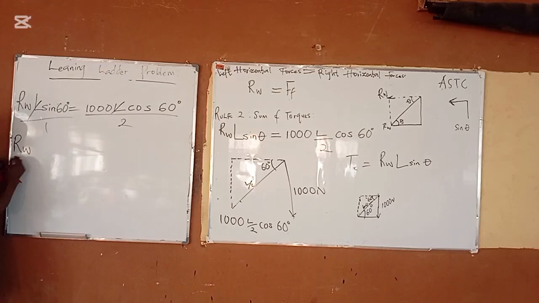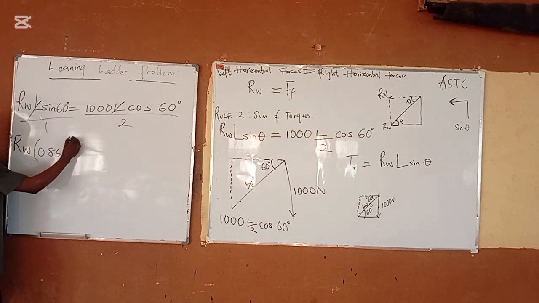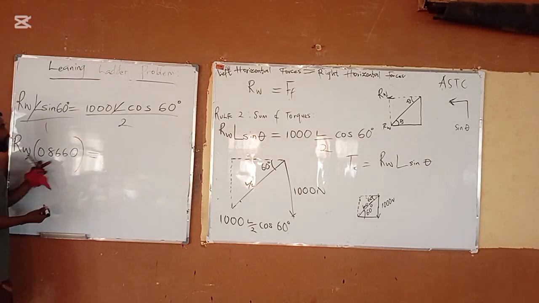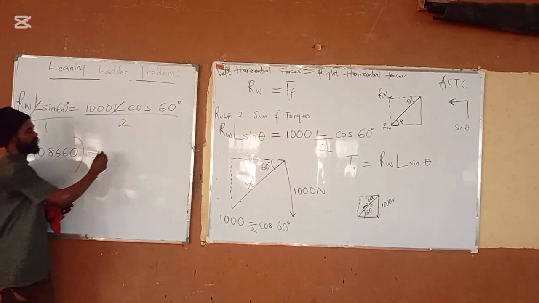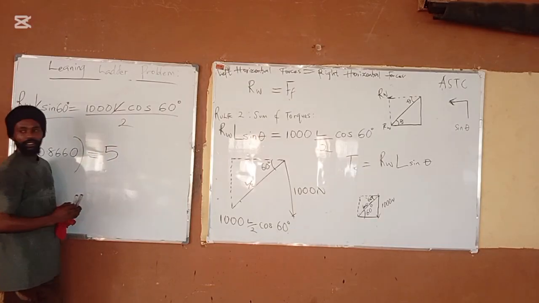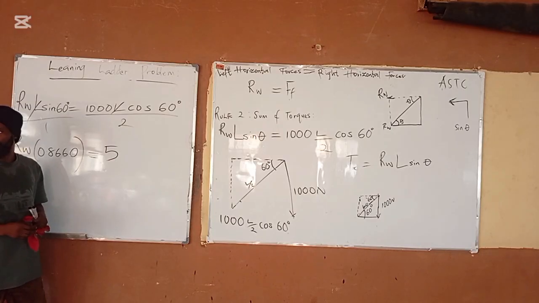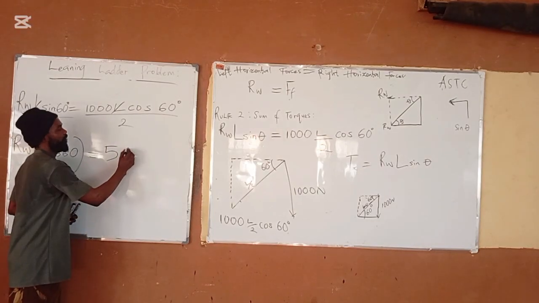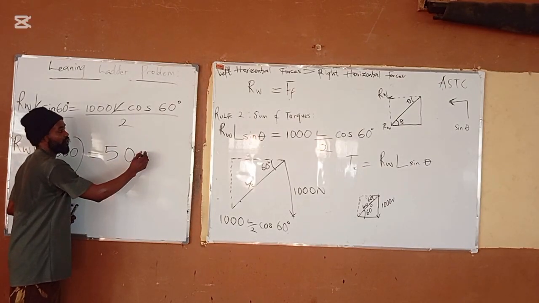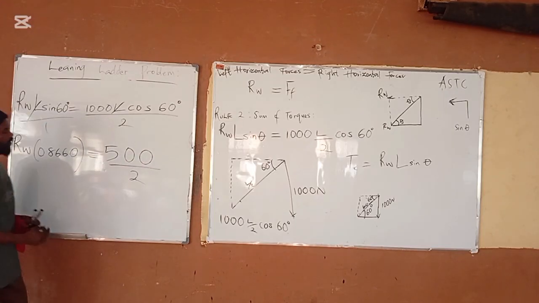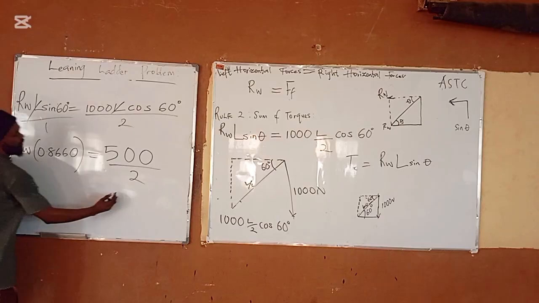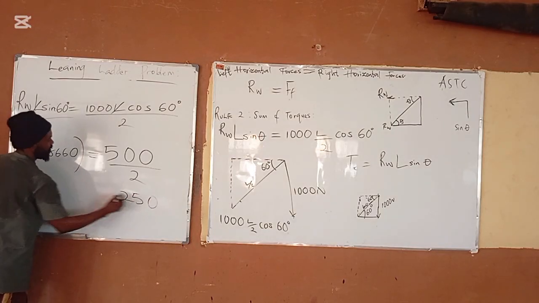Sin 60 is what? 0.866. 1000 cos 60 is 500. Yes, cos 60 is equal to sin 30. You're right. And that means this is 250.